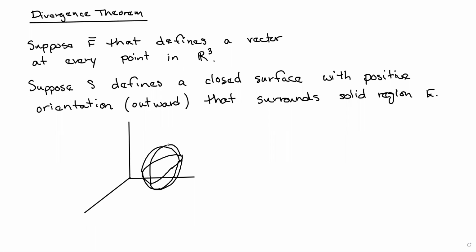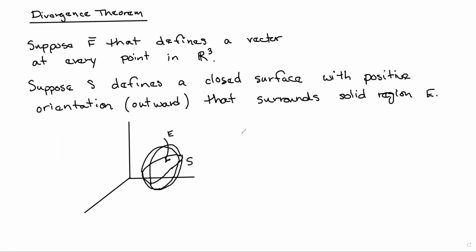That's what that picture is supposed to represent. So it has a clear top, bottom, front, back, left, and right. There's no opening to the object. It's completely enclosed. We would say that the outer piece is the surface S, and the inner part is E. That's the region that's inside the surface.